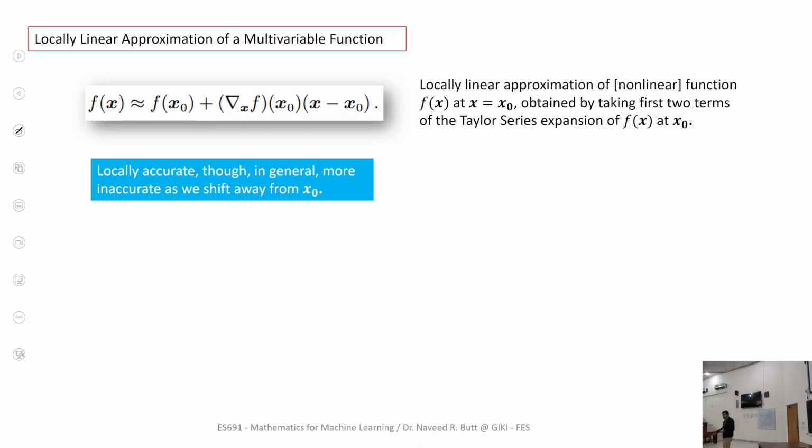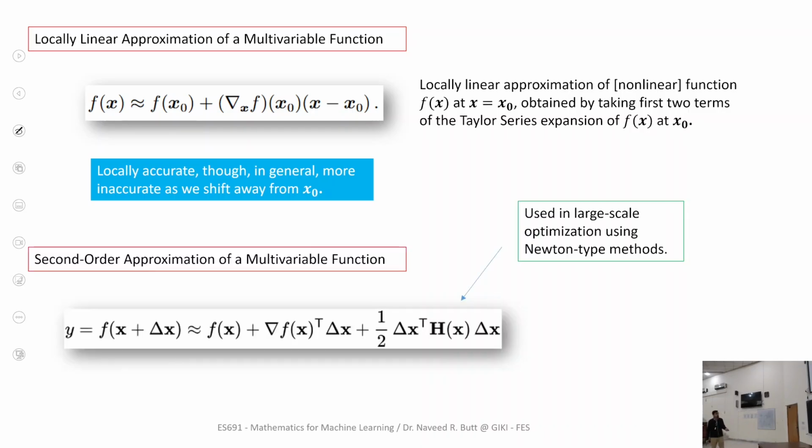If you don't stop there, you could take the second order approximation, which is very common in numerical methods. Maybe you are already doing optimization, and Newton type methods heavily use this one. There they naturally go to the second order, which includes the Hessian.